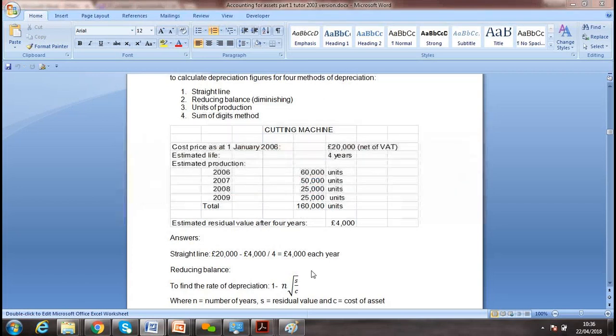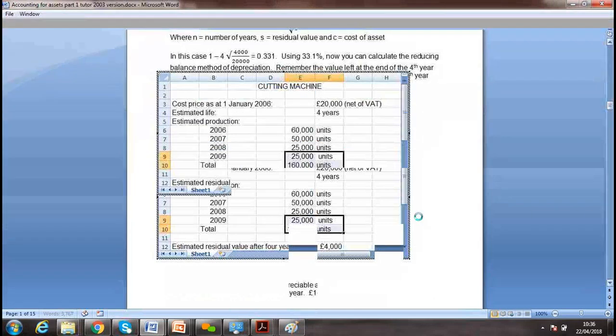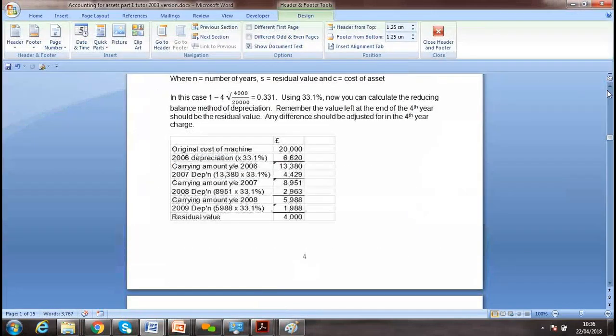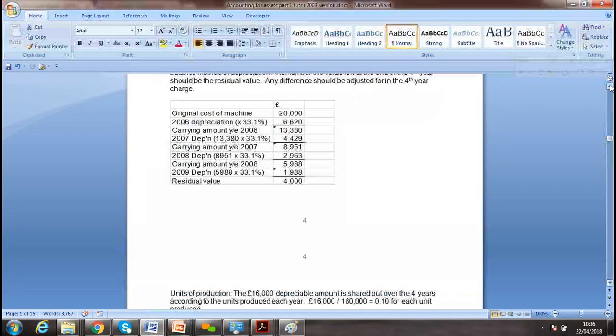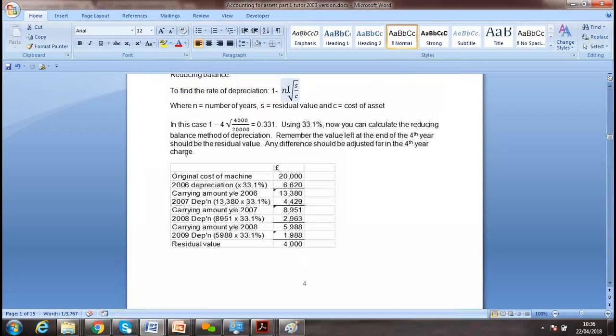Okay. So we have 1 minus the n-th root of S over C. What does n represent? Anybody knows?